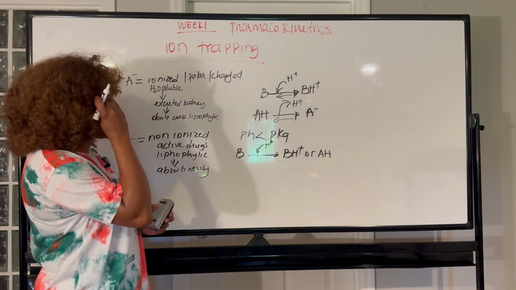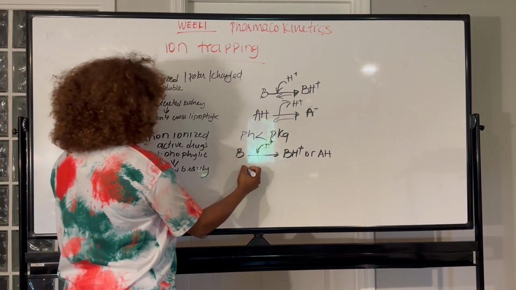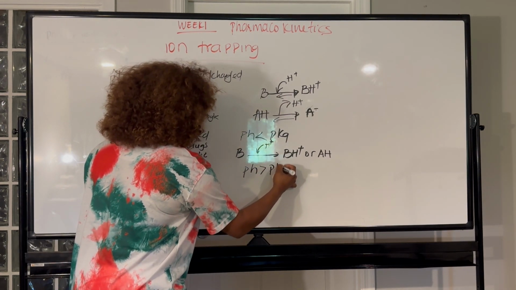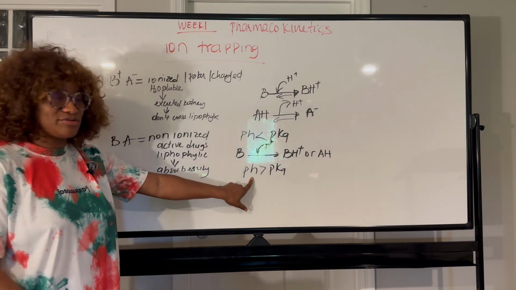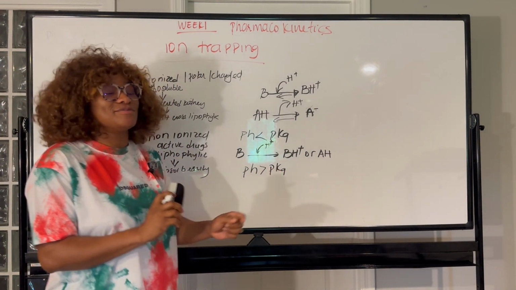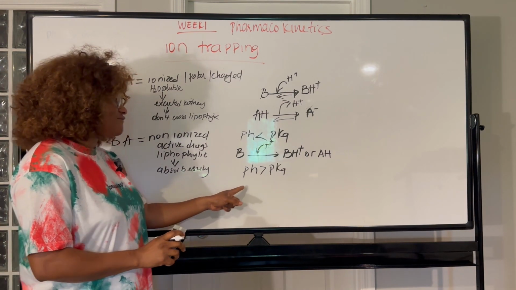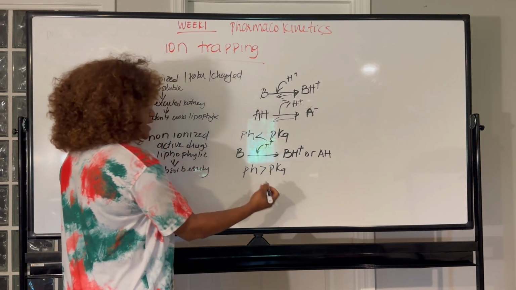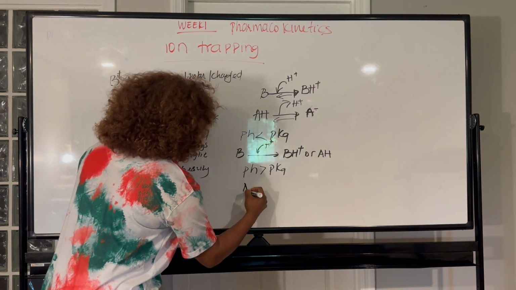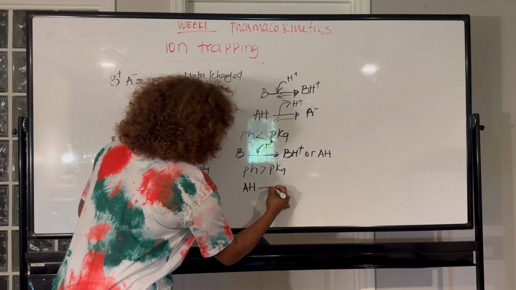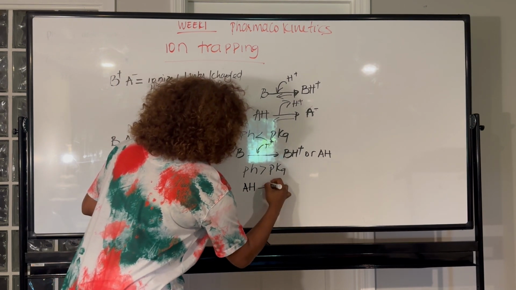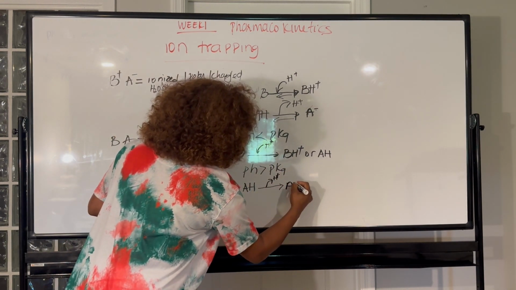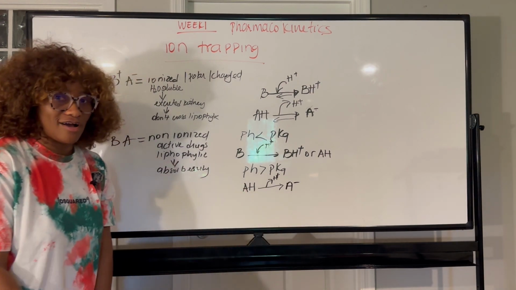Now when I have an environment that is more alkaline, the environment refers to the pH and the pKa refers to my drug. When my environment is more alkaline, my weak acid is gonna give away a proton, and it's gonna be charged.